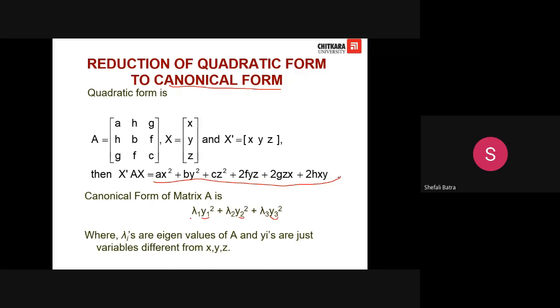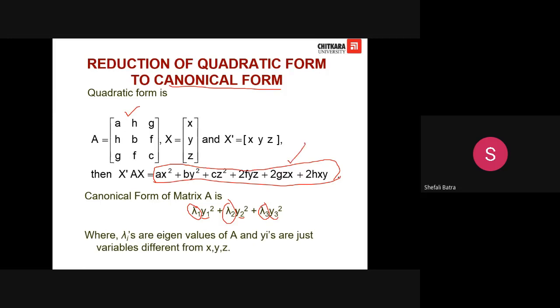So the canonical form you will write by lambda 1 y1 square, lambda 2 y2 square plus lambda 3 y3 square. And what are these lambda 1, lambda 2 and lambda 3? These are the eigenvalues of this given matrix. Right? Suppose this quadratic form is given to you, and I'm asking, write the canonical form for this quadratic form.